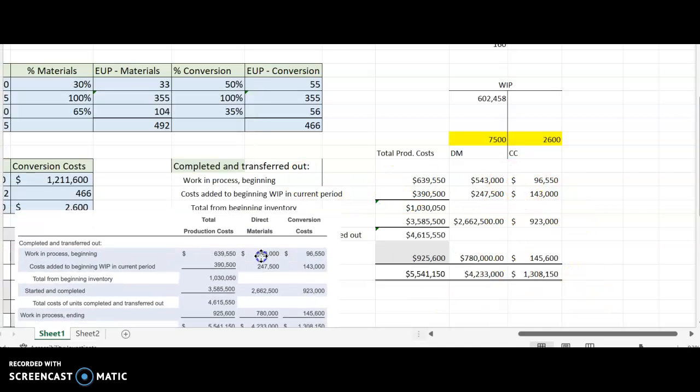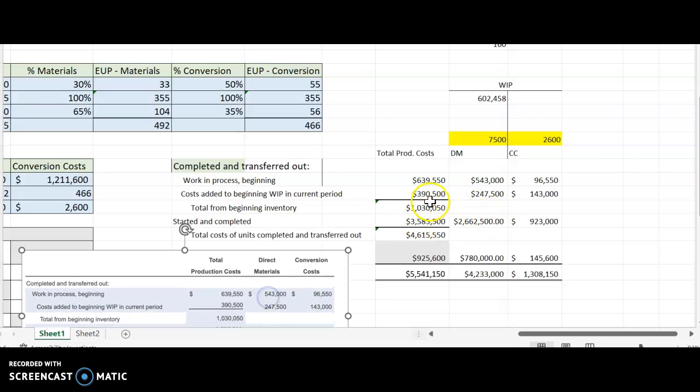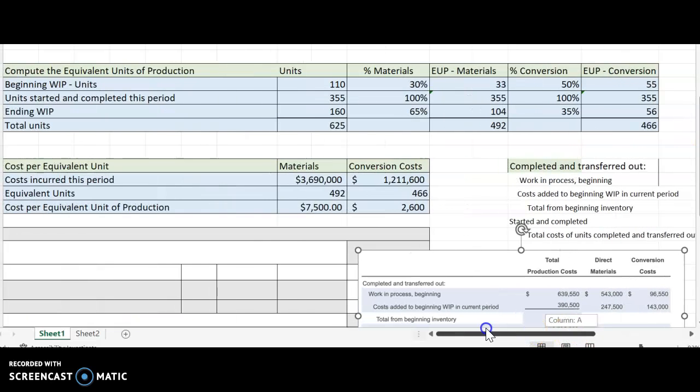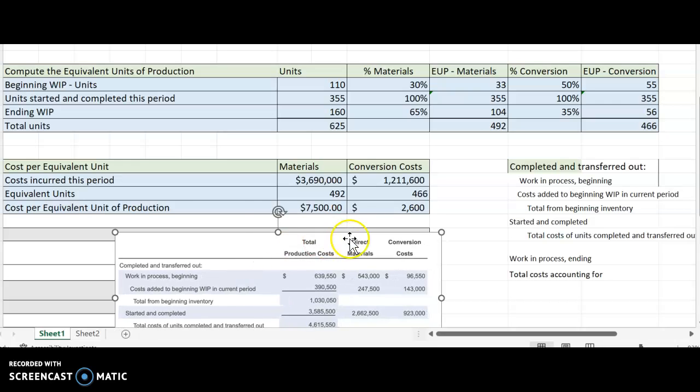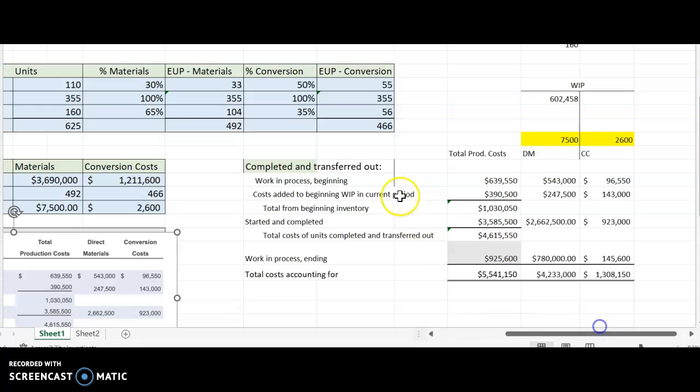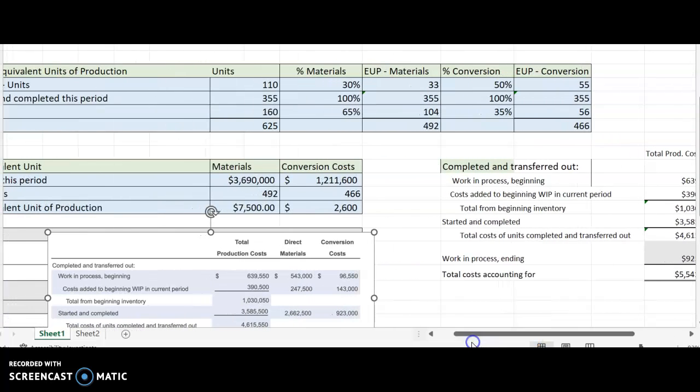So the hardest part is probably figuring out your equivalent units, but that can be practiced and reviewed. And then doing this last part, remembering how to set this up. But I hope this helps. Let me know if you need any more help.